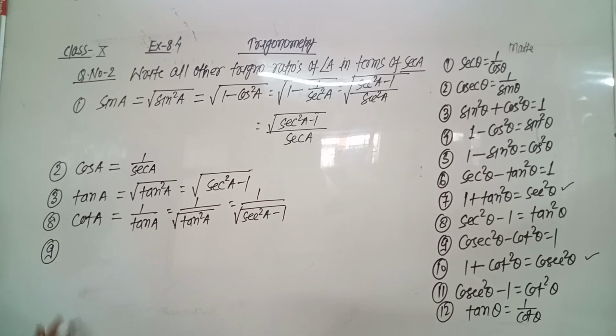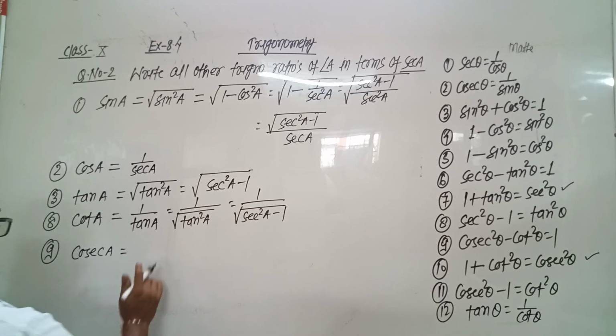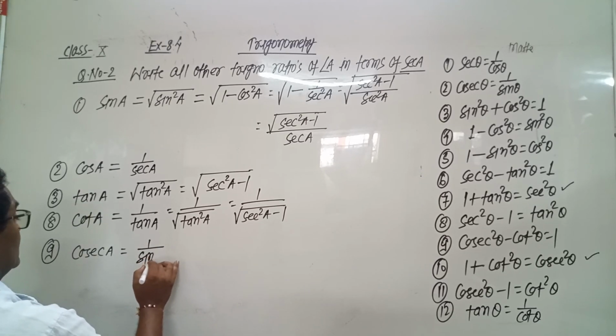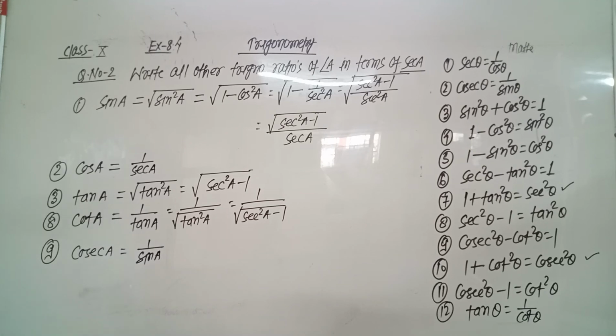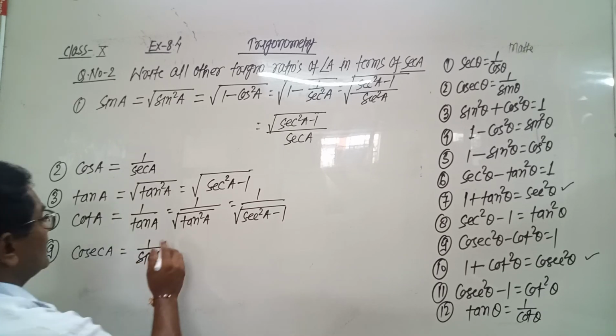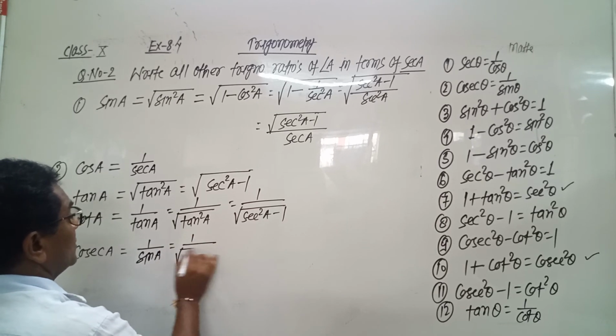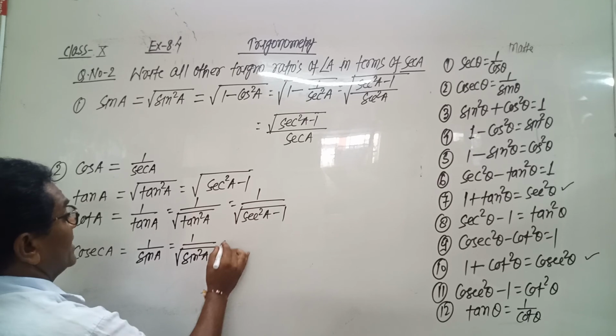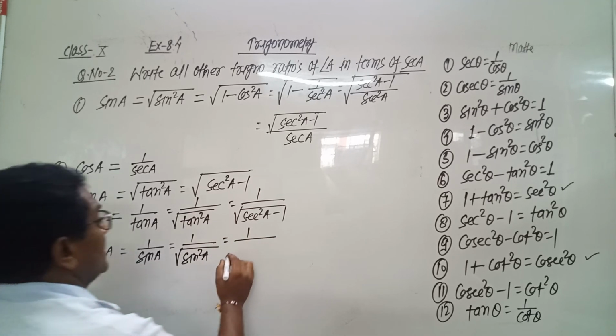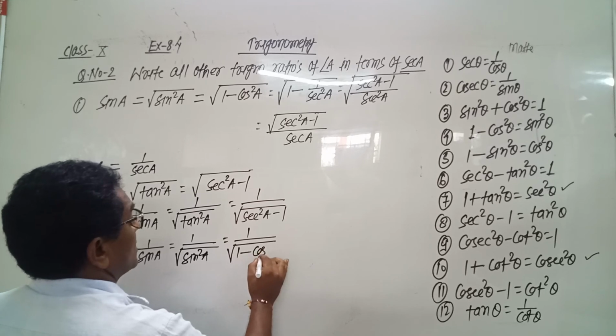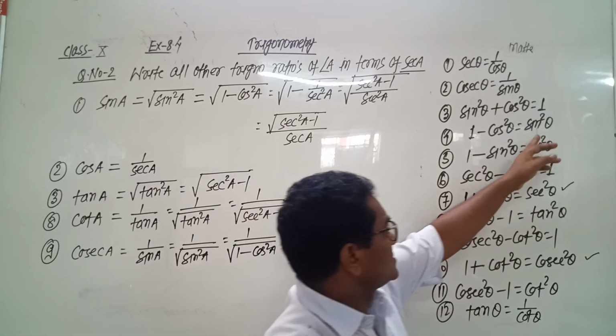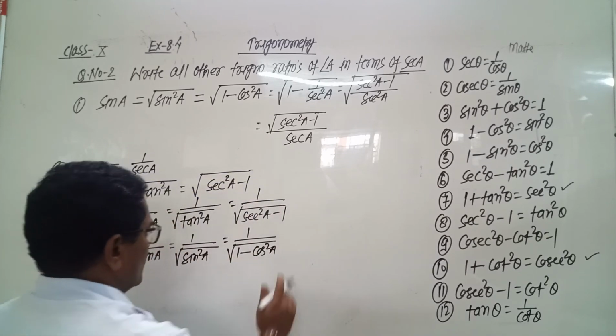Now cosec A. So cosec A can be written as 1 upon sin A. And this sin A can be written as root over sin square A. And sin square A is written as 1 minus cos square A. Sin square theta equals 1 minus cos square theta.